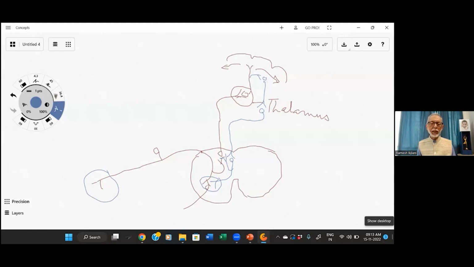The response keeps going down. The receptor potential itself reduces after some time. So most receptors adapt, and among the receptors which show maximum adaptation are receptors for touch. And that is why we are not aware of the presence of our clothes, because although they are touching us all the time, we are not aware of that touch. The touch receptors adapt to it.